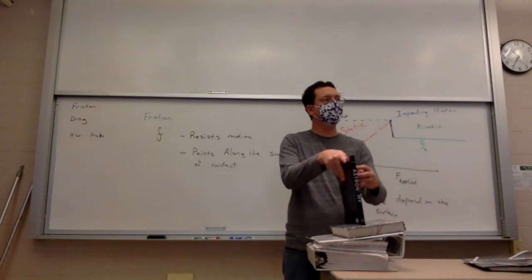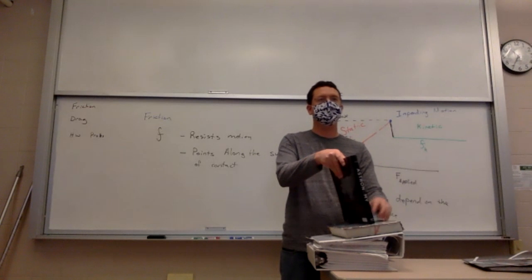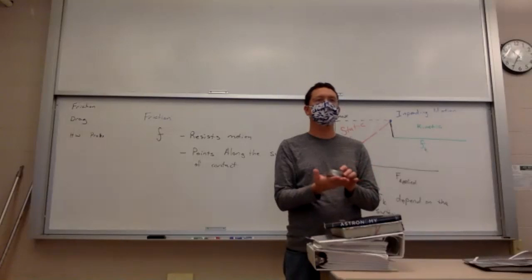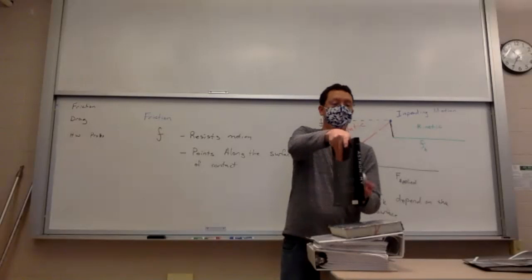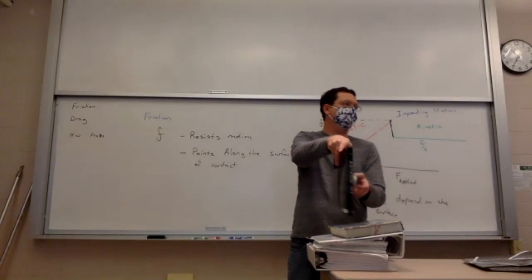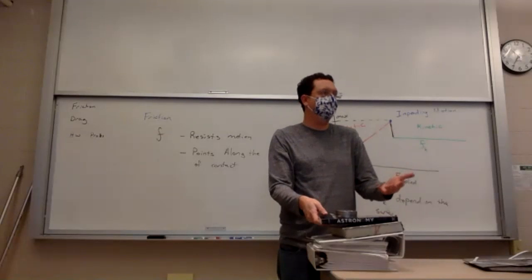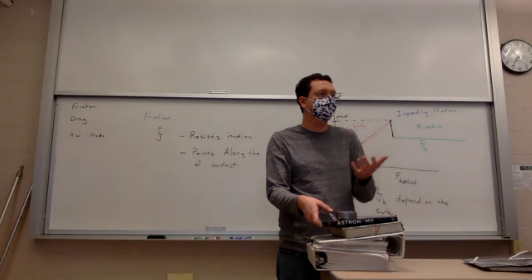What's changed? What force has changed as I change the angle? It's the normal force. When you hold it vertically, the normal force, if it's really vertical, would be zero or essentially zero. Whereas here, the normal force is equal and opposite the weight. It's equal to weight magnitude.